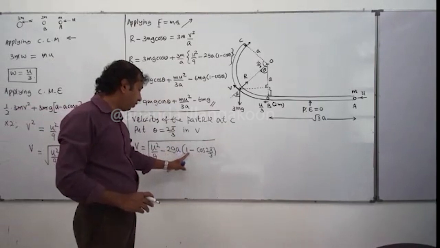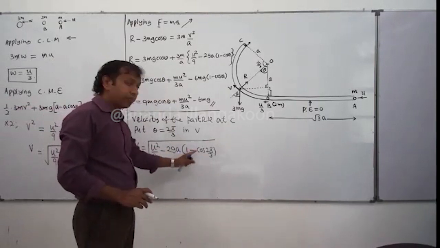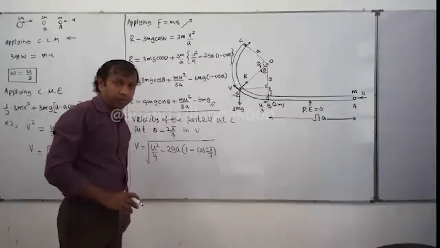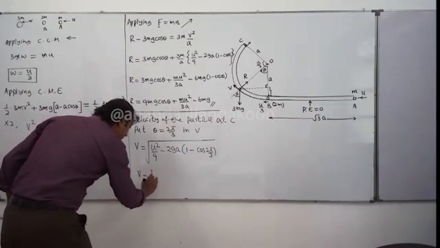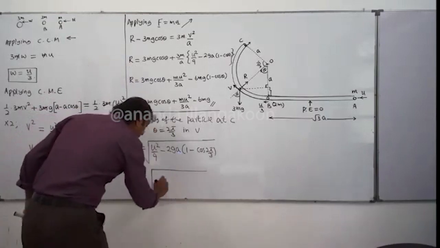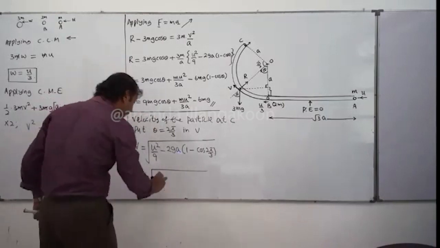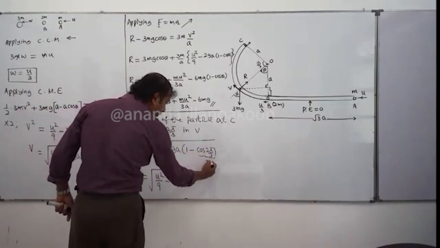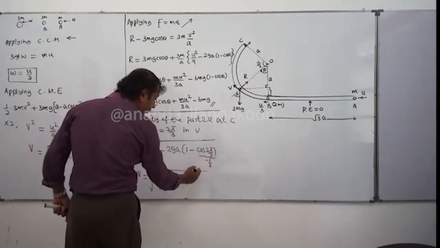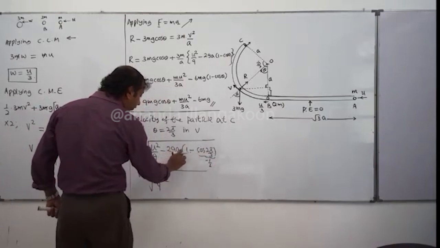Then 1 minus minus half means 1 plus half, 3 by 2. The 2 and this we can cancel down. We get 3ga.